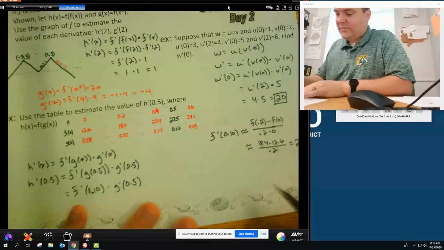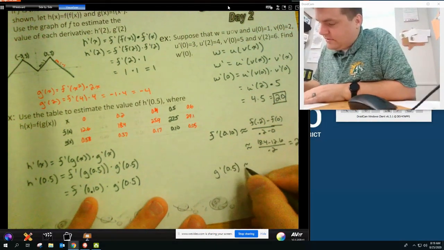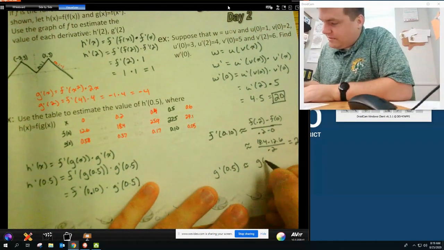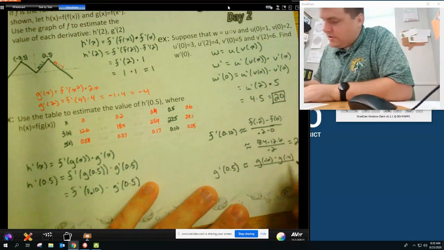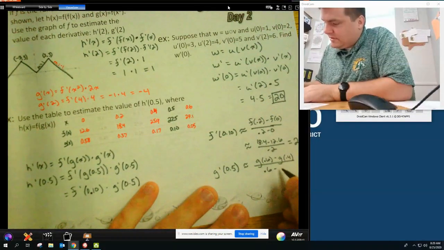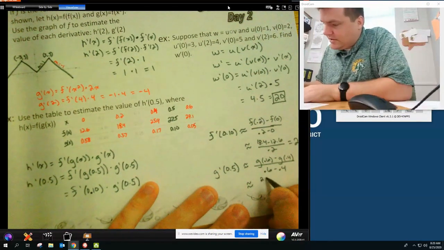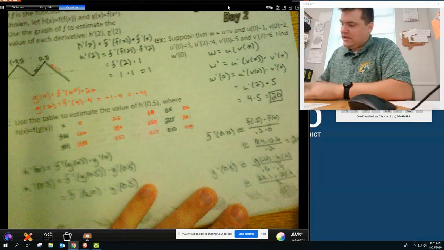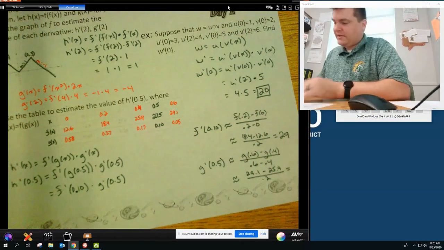Okay. And then let's go ahead and estimate g prime of 0.5. That's going to be g of 0.6 minus g of 0.4 all over 0.6 minus 0.4, which is going to be 29.1 minus 25.9 all over 0.2, and that is going to give me... oh, I used the wrong values, I just noticed.